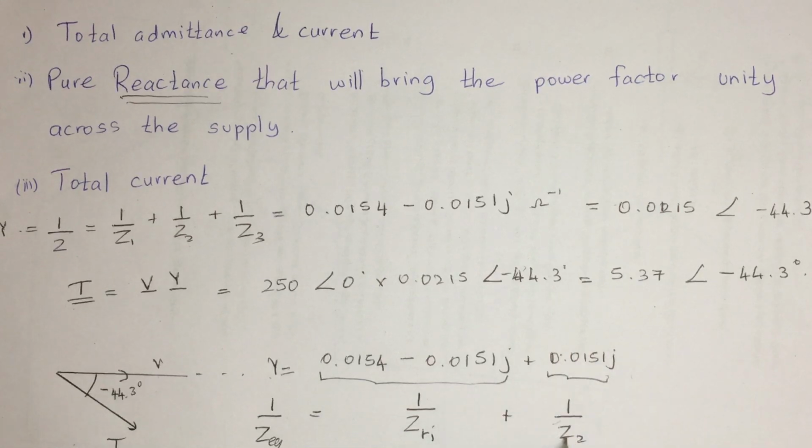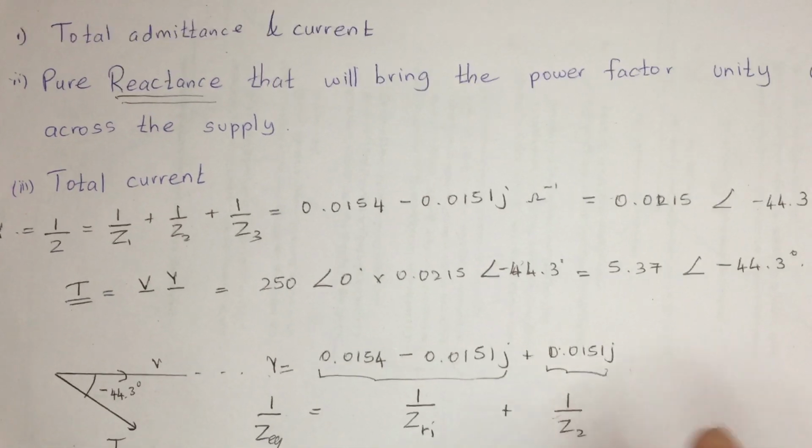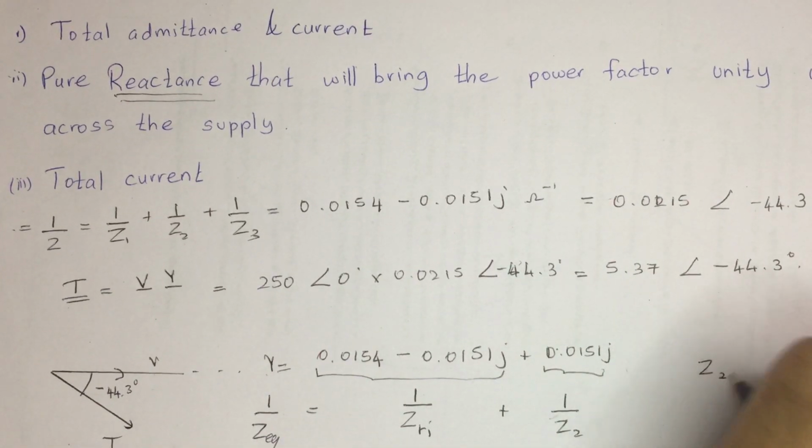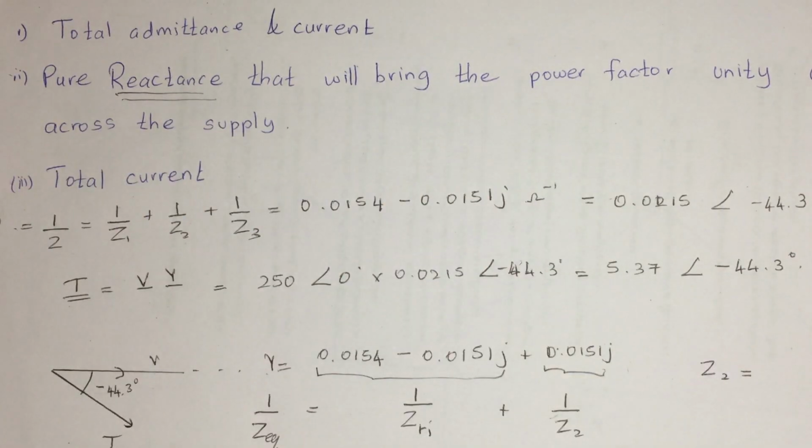So this is going to be the 1 over Z2 value, and if you invert that, you can directly get the Z2 value. That would be the answer. They are asking about the reactance, so you need to invert that. So 0.0151 is 1 over Z2, and Z2 is going to be 1 over 0.0151.